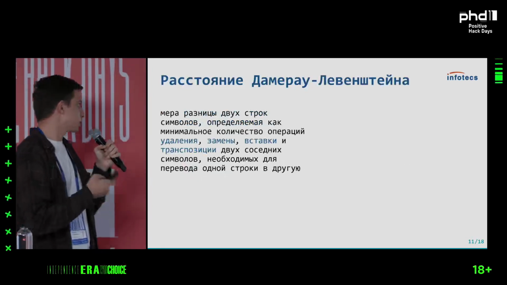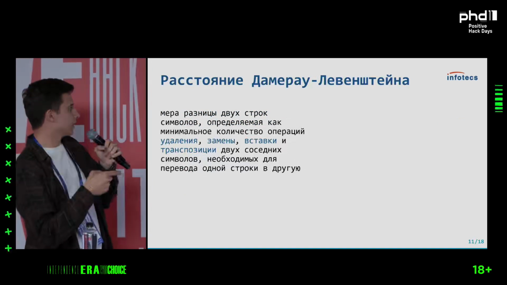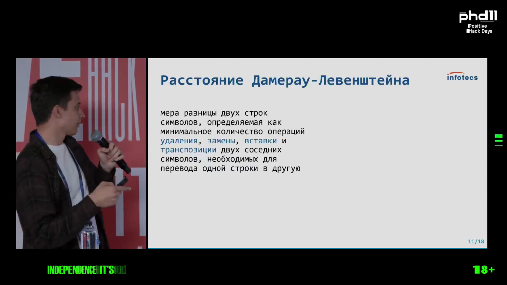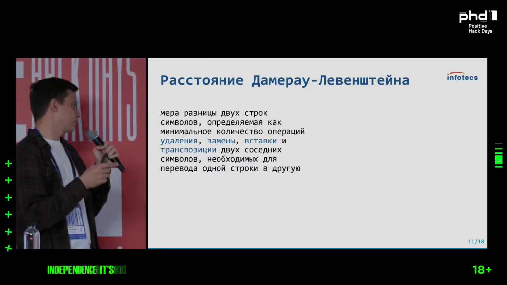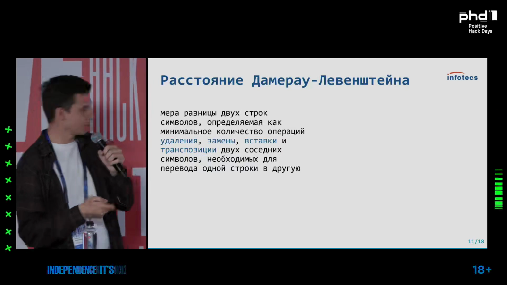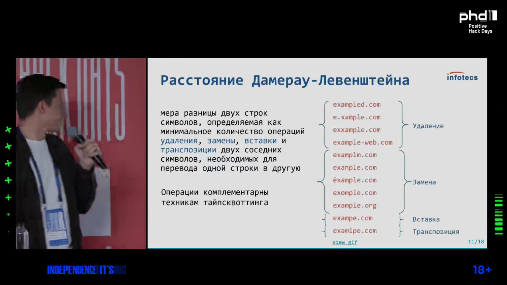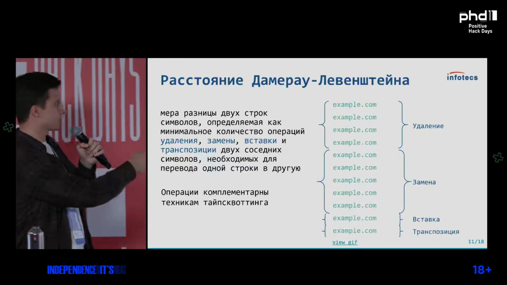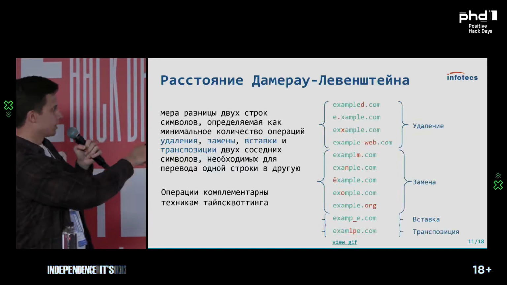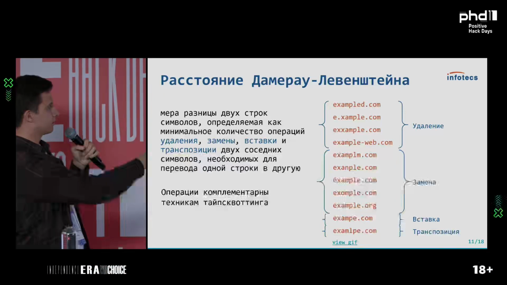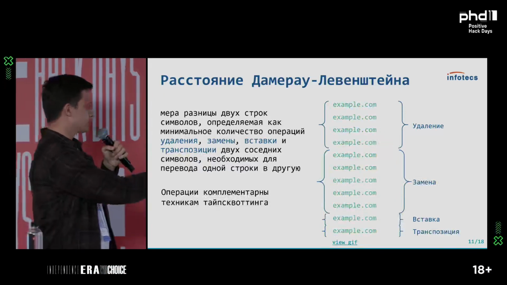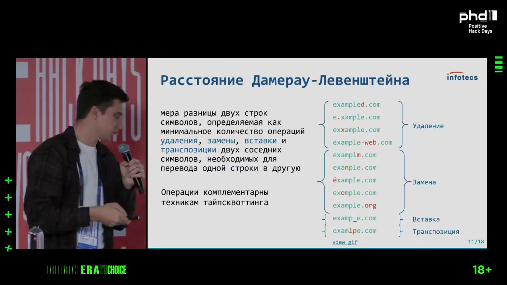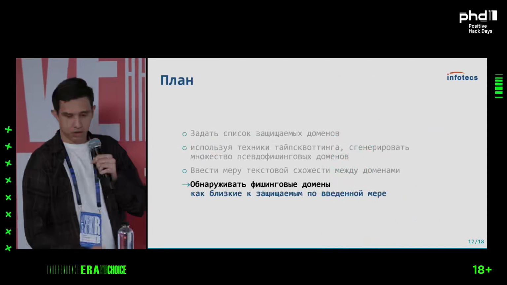There are different ways, but the Damerau-Levenshtein one is interesting. It's the measure of difference between two strings that is defined by the number of operations of removal, replacement, and transposition of two nearby symbols that are needed to transform one string into another. So it's very similar to what the typosquatting people do, right?